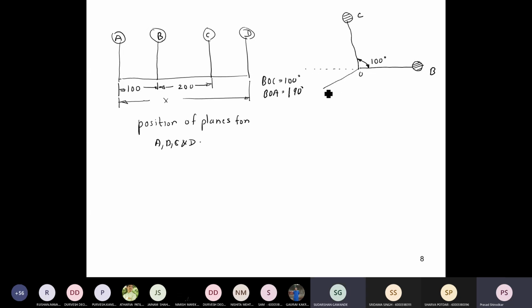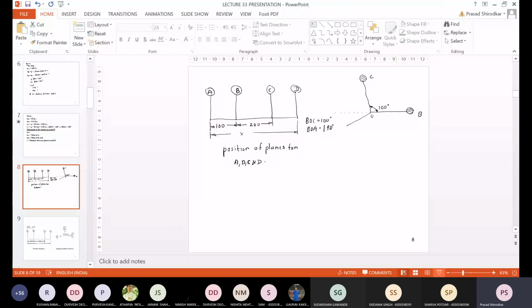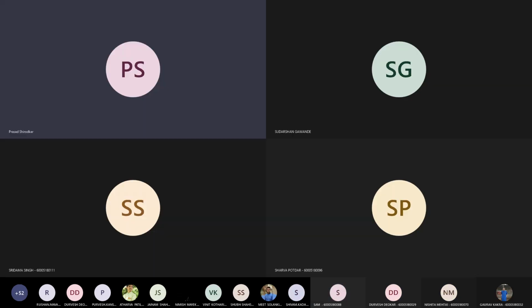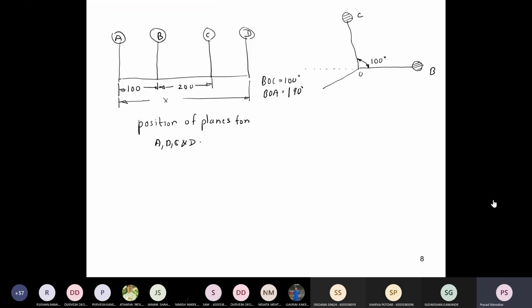Sir, it has frozen. Hello, sir. Yes, I will just disconnect and connect it again. How about now?